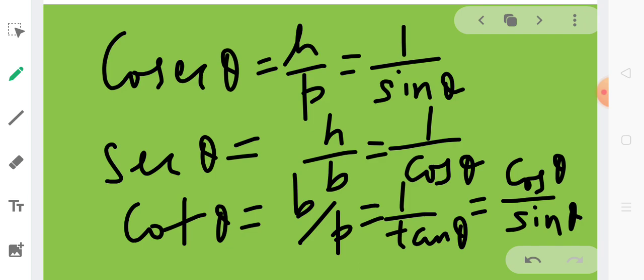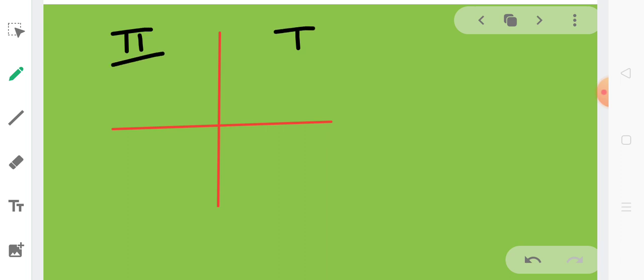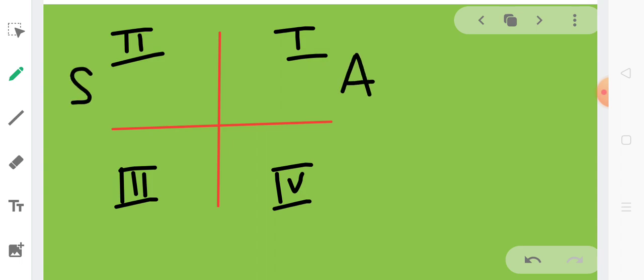Now the question arises, how to decide in which quadrant which ratio should be positive. So let us again draw the 4 quadrants, and I will write down these 4 alphabets.